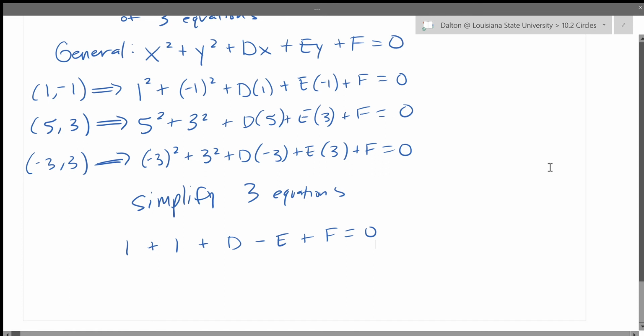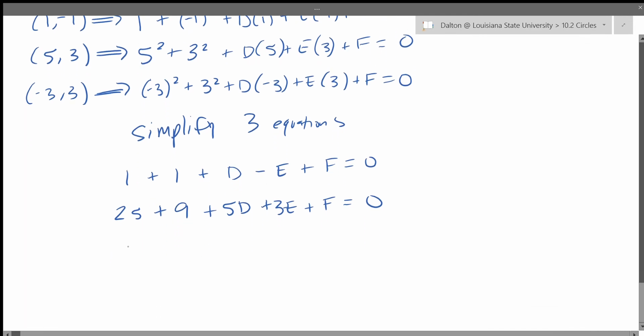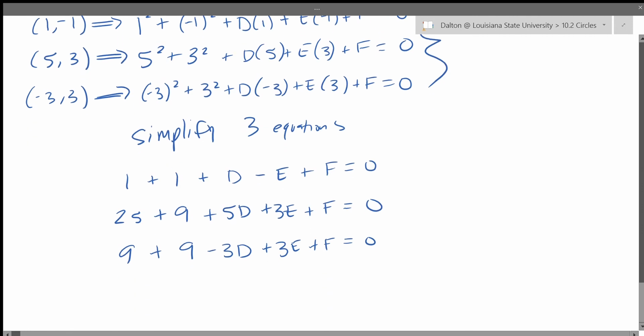Simplifying the second equation, 5 squared is 25, plus 3 squared is 9, plus that'll be 5d plus 3e plus f equals 0. So there's the second equation. And then the last one, negative 3 squared is positive 9, plus again 3 squared is 9, minus 3d plus 3e plus f equals 0. So maybe I should keep these grouped. So there's our system.